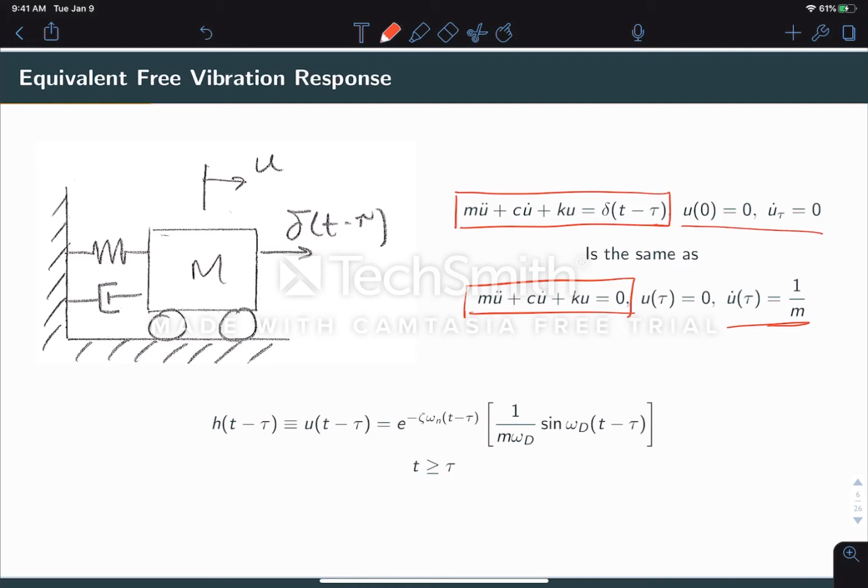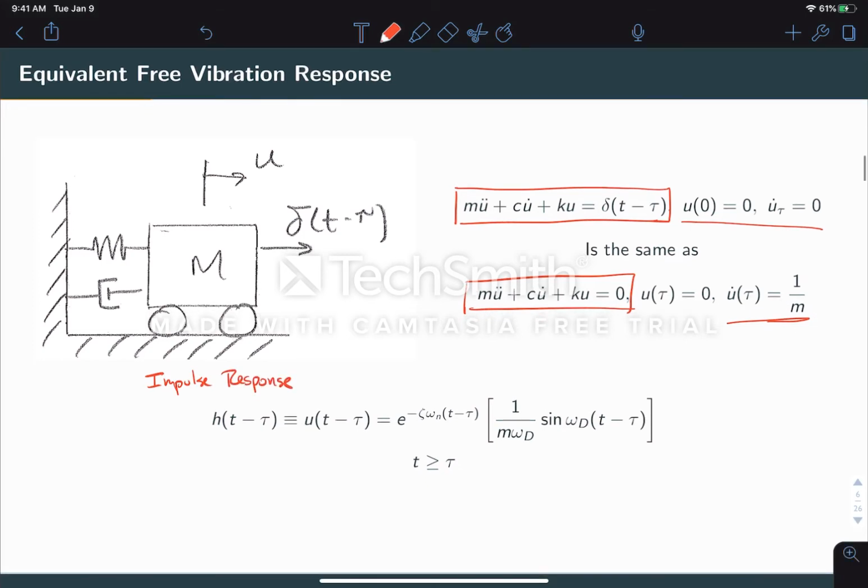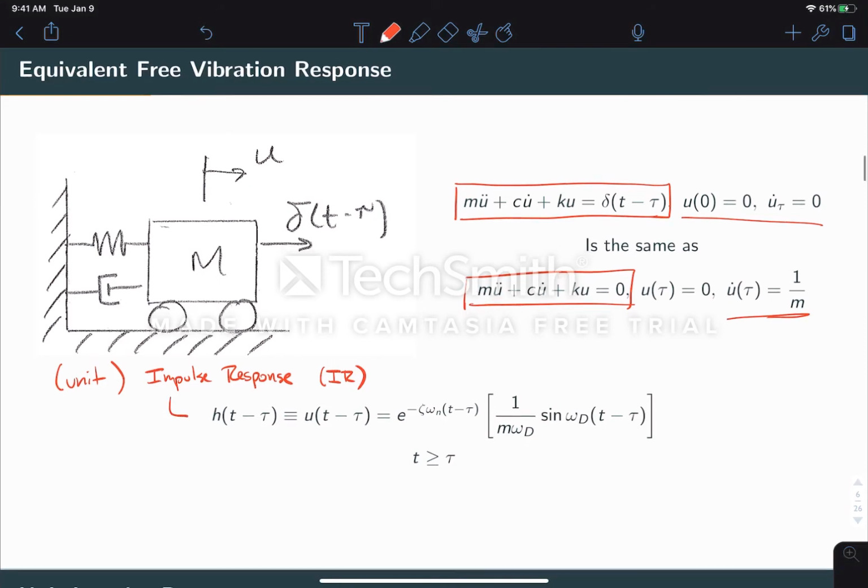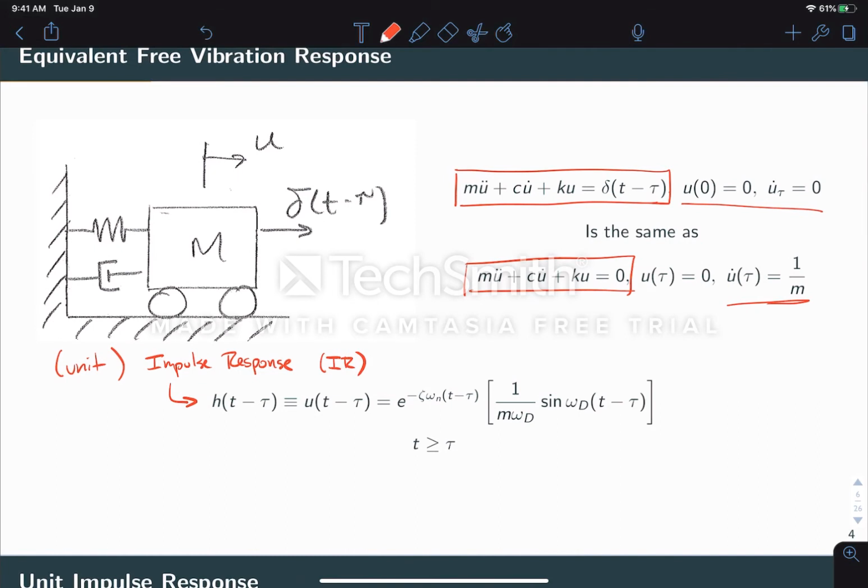And this leads us to the definition of what we call the impulse response, or IR. Sometimes it's also called the unit impulse response. And this is this value h. Okay, and h is simply defined as the u which solves that equation of motion that you see here.